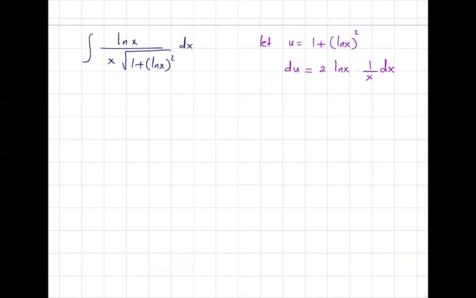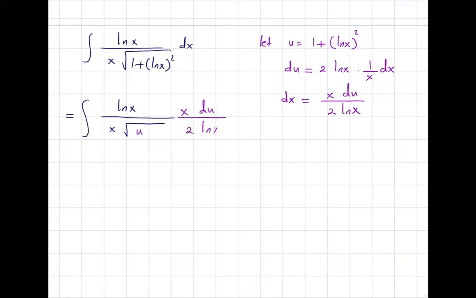So let's see if we can simplify this further. My dx can be written as x times du divided by 2 times ln of x. So this can be written as the integral of ln of x on the numerator, on the denominator I have x, then I have square root of u, and then my dx is equal to x du divided by 2 ln of x.